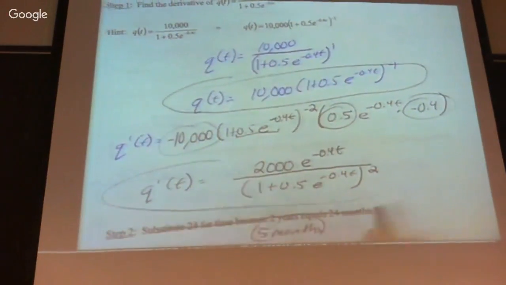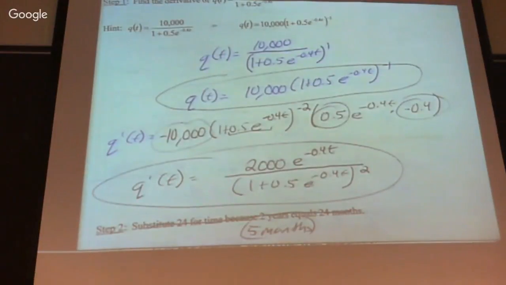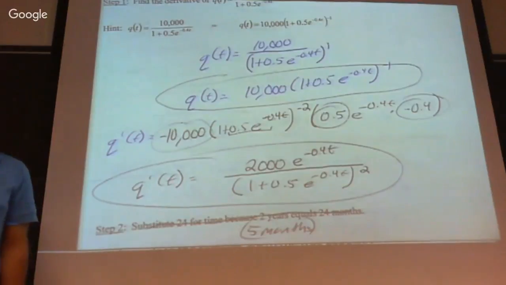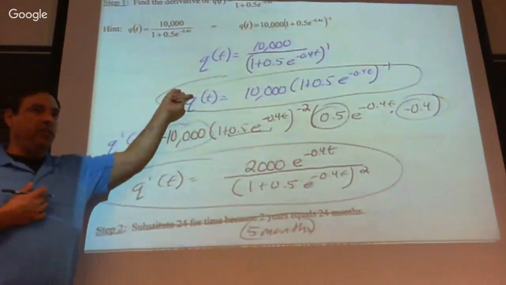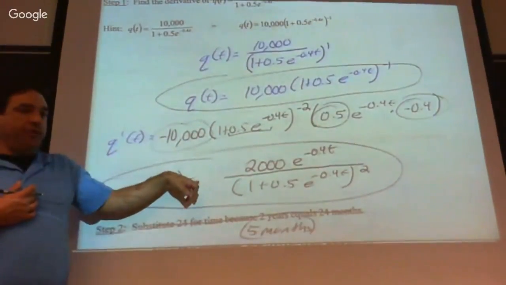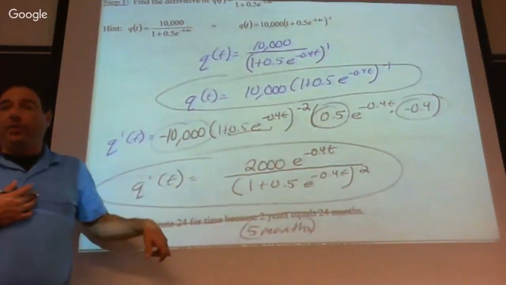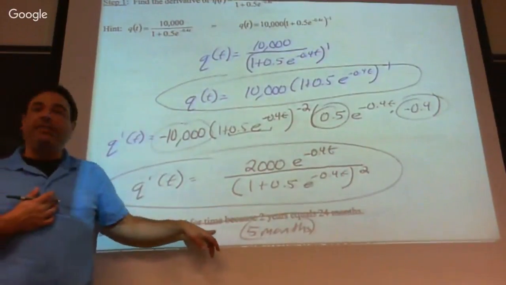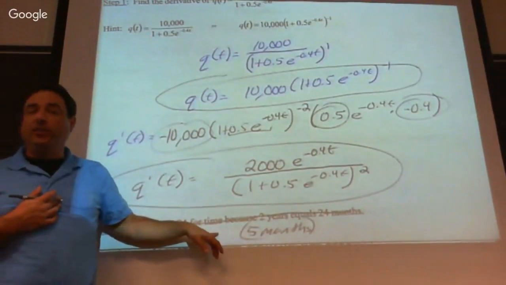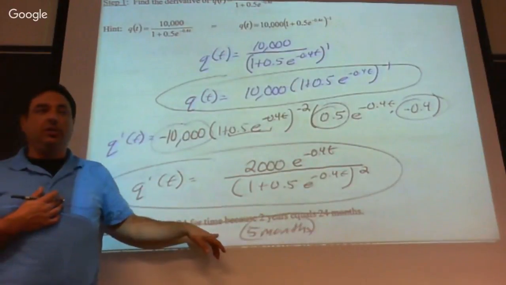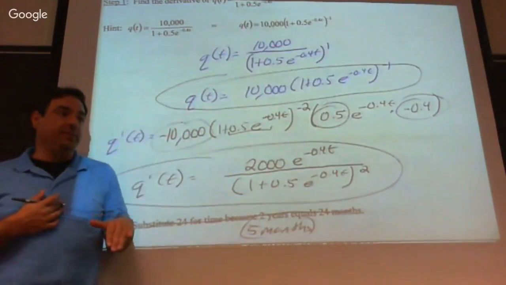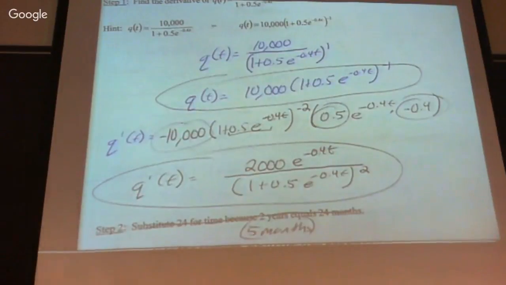This goes in Y2. And what's going to go in Y3? The derivative in the calculator. So Y1, original; Y2, derivative that I did; Y3, derivative in the calculator. When you plug in 5 months, which one should match? Y2 and Y3. And explain what 5 months is in Y1 and what 5 months is in the derivative.